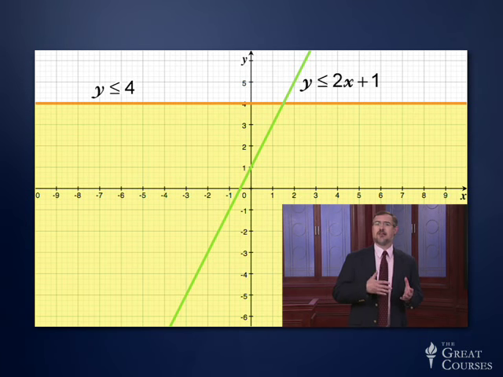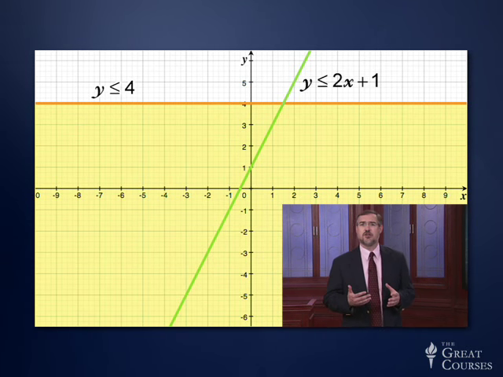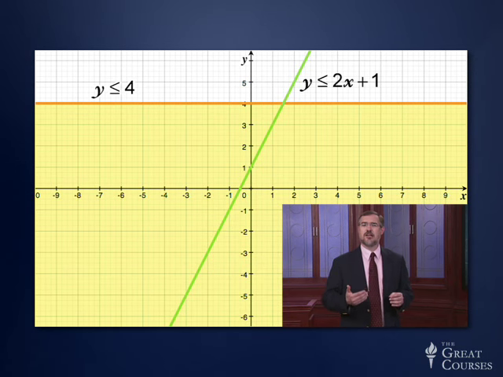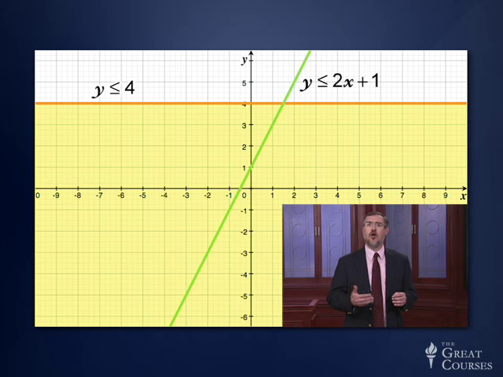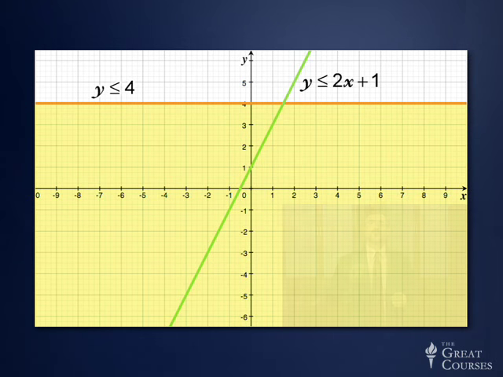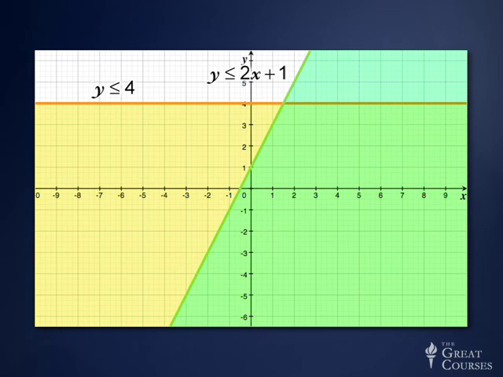If I plug in x equals 0 and y equals 0 into the inequality, then I would have 0 is less than or equal to 0 plus 1, or 0 is less than or equal to 1. Is 0 less than or equal to 1? Yes, it is. So we want to shade in the region that includes the origin (0, 0). And that's the region that is below and to the right of this line.